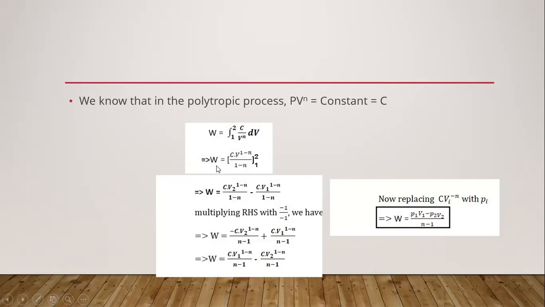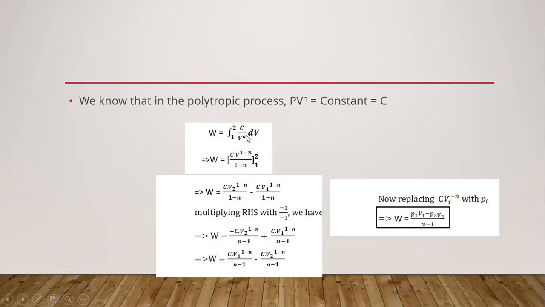Now, further this can be rewritten as integral V1 to V2, C into V power minus n into dV. So the denominator term, if you bring it to the numerator, V power n will become V power minus n.